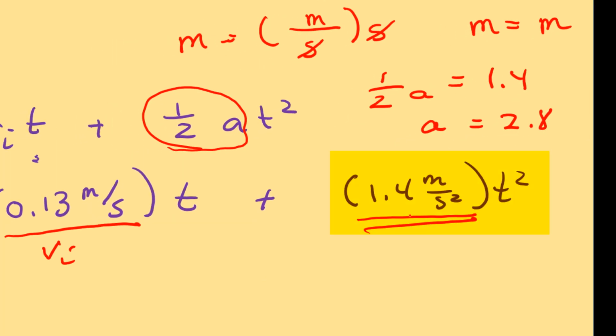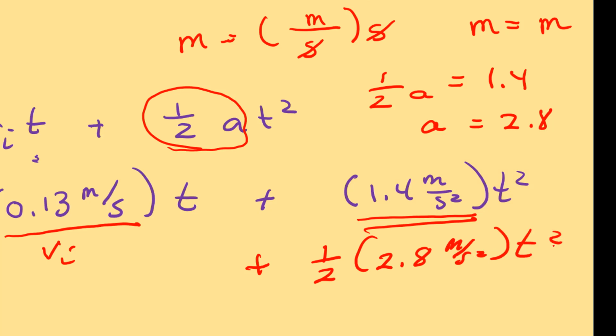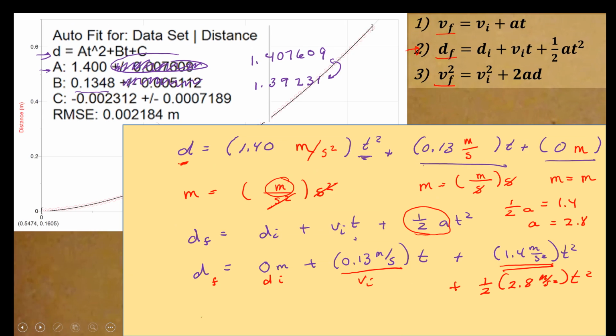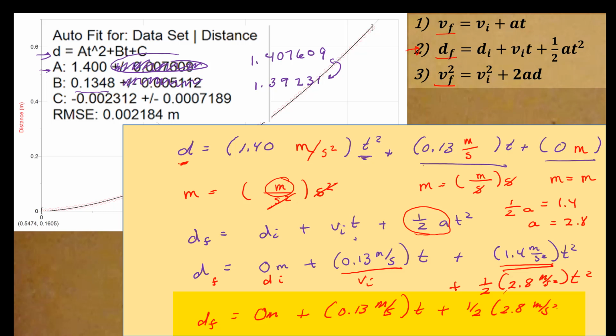So I'm going to rewrite this particular term as plus 1/2 times 2.8 meters per second squared times t squared. And then this is my final version. The df equals 0 meters plus 0.13 meters per second t plus 1/2 times 2.8 meters per second squared t squared.